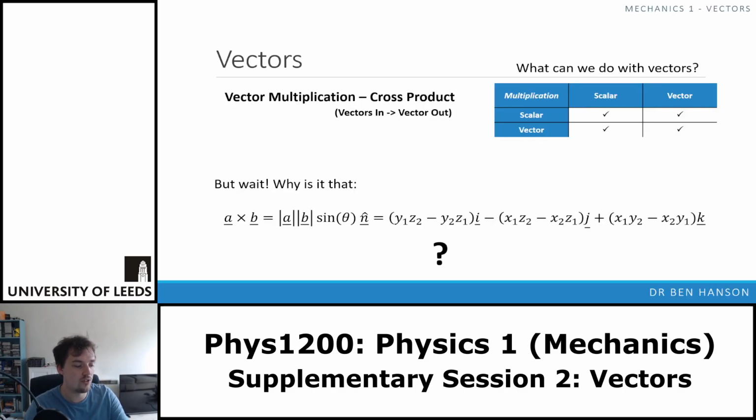Because of our rules that i cross i is equal to 0 and i cross j is equal to k, this algebraic form naturally comes out. And this algebraic form, I'm just going to need you to take my word for it for now, until you've done matrix algebra, and then it becomes a lot easier.